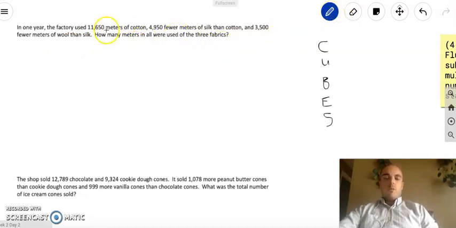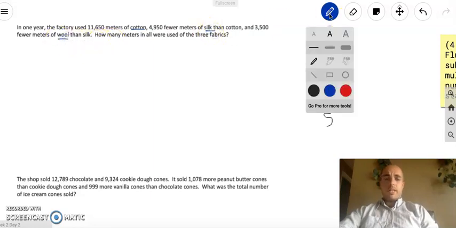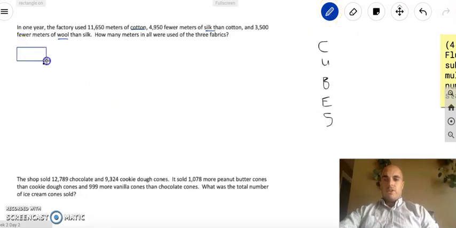Okay, when we see this kind of question where we use different kinds of measure for things, so like I have, for instance, cotton, silk, and wool, I really like to draw a chart. So I'm going to draw myself a chart right here. And since we have three things, I'm going to break it up into 3 parts.